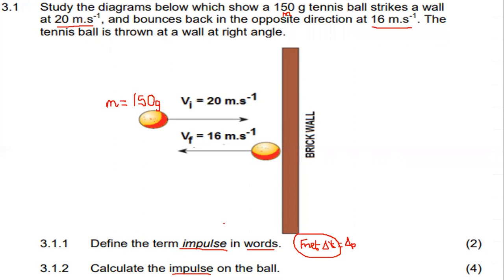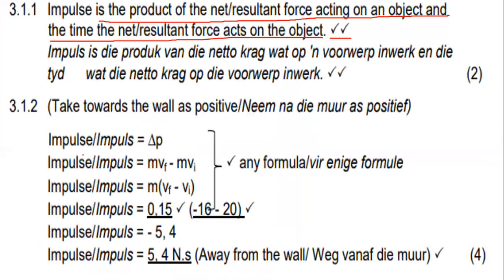Right. Then we go to 3.1.2. Then let us take towards the wall as positive. Now, we know that when we take F net and we multiply it by delta T, we definitely know that it will give us equal to delta P altogether.